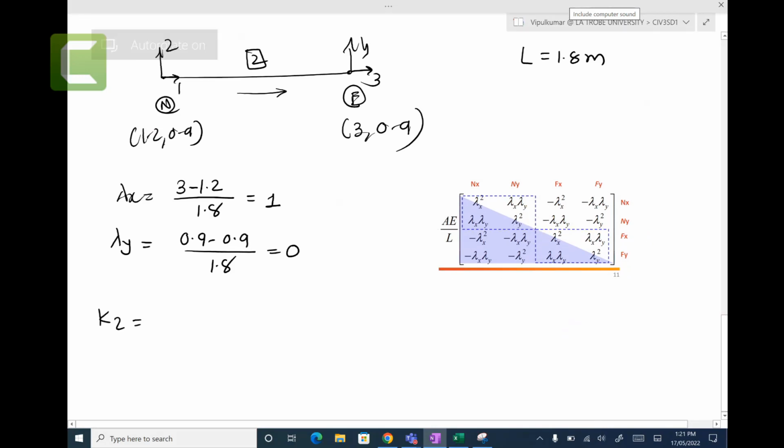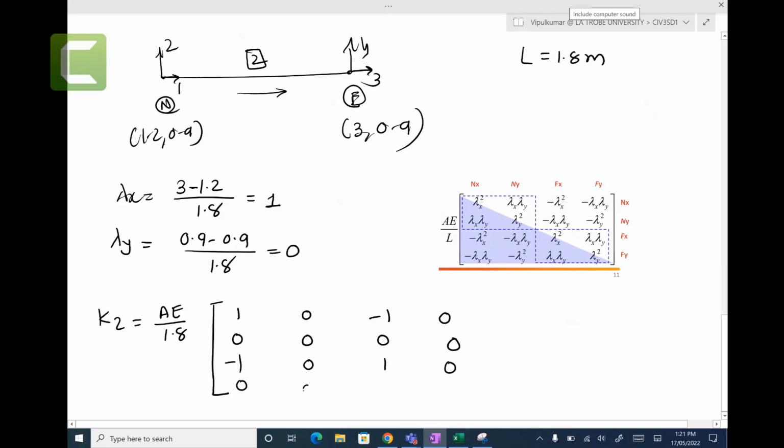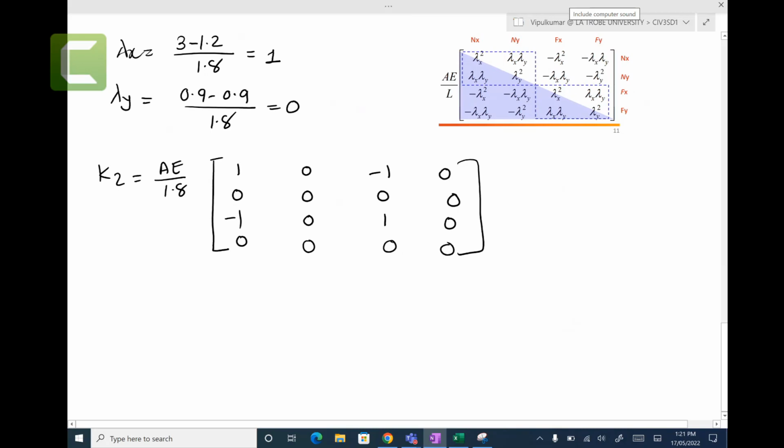So K2 equals AE over 1.8 times lambda x, with rows 1 0 minus 1 0, then 0 0 0 0, then minus 1 0 1 0, and 0 0 0 0. Make sure this row, 1 0 minus 1 0, is the same here, and 0 0 0 is the same.